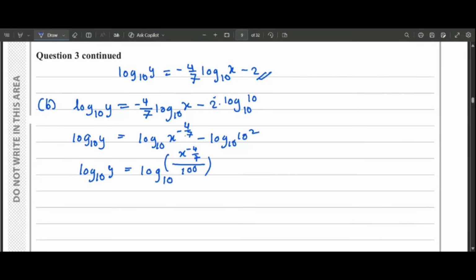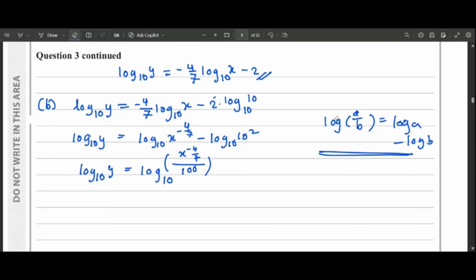Then I've used the quotient rule for log, where it states that log of a by b is equal to log of a minus log of b. So I have used this identity to transform our log with two terms into a log with one single term.